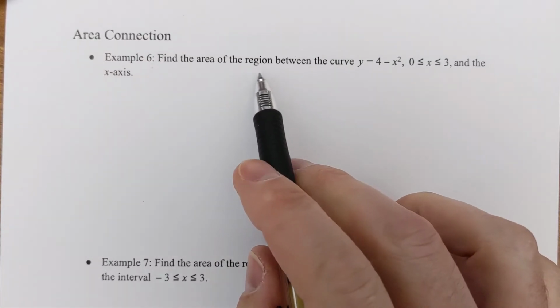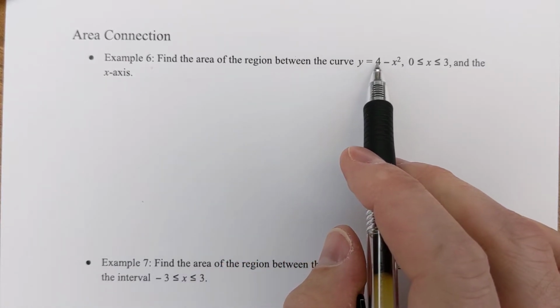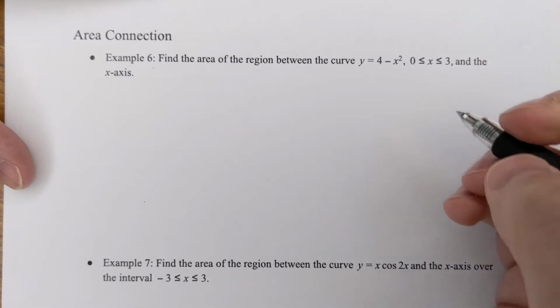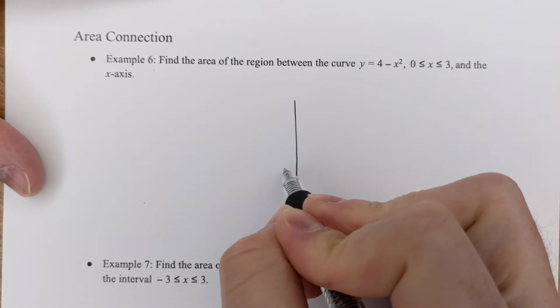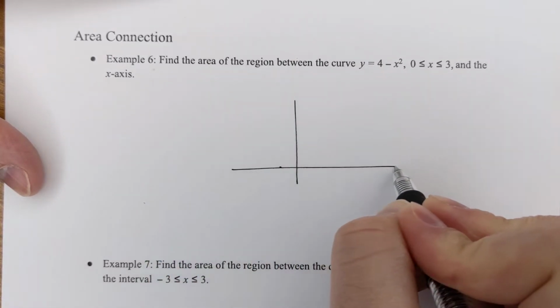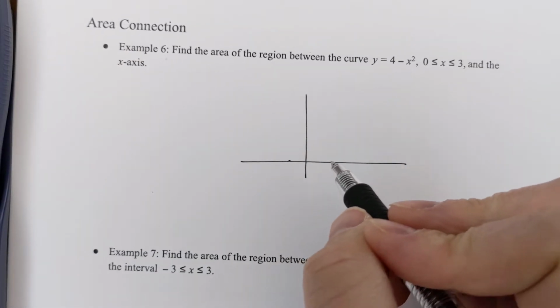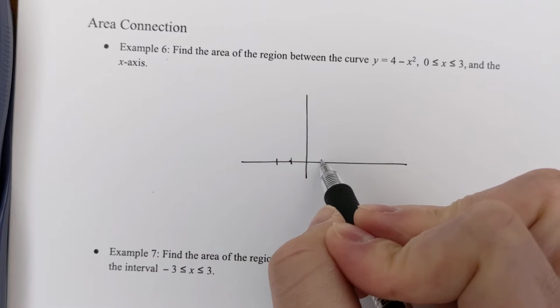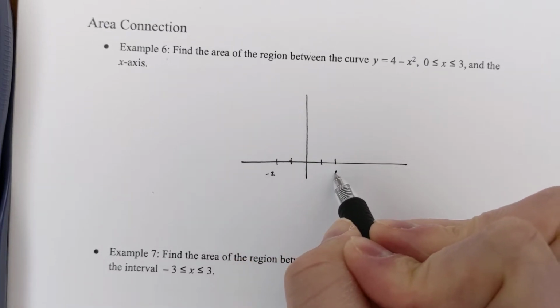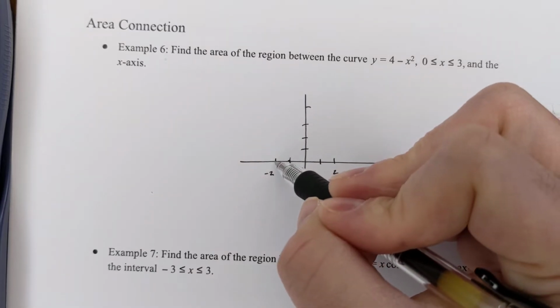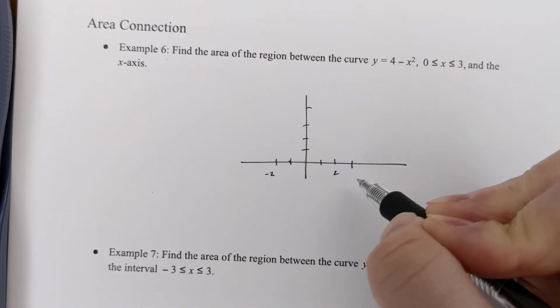So find the area of the region between the curve 4 minus x squared from 0 to 3 and the x-axis. So let's look at our graph. So 4 minus x squared will cross, if you look at the graph, it's going to cross at -2, +2, 1, 2, 3, 4. It's going to go up to, oh, I have to put 3 over here.